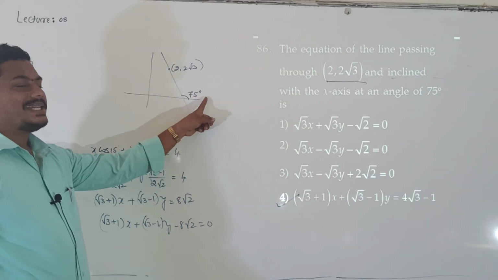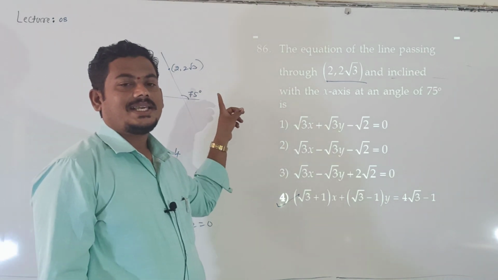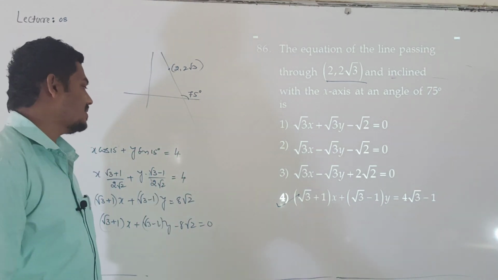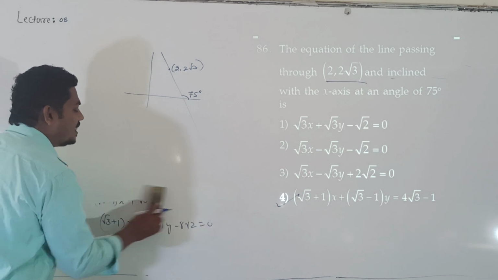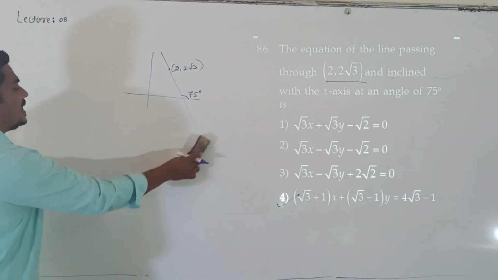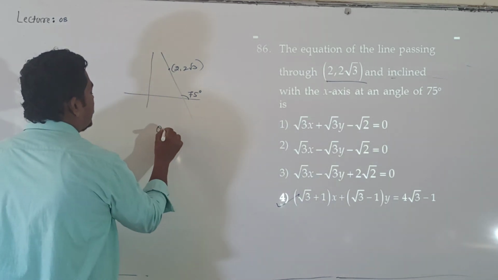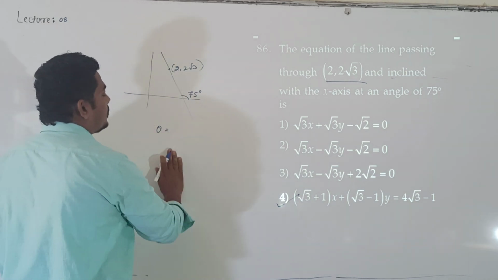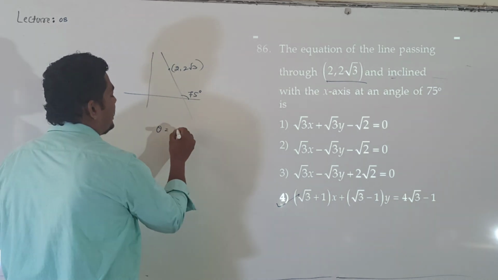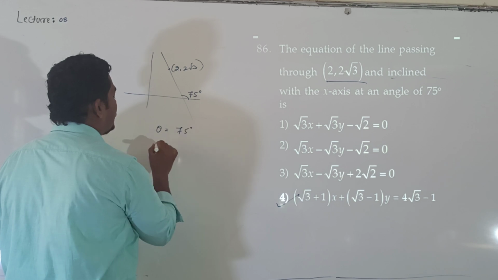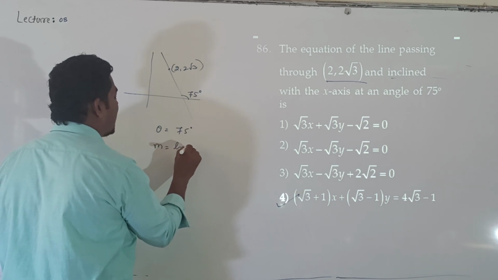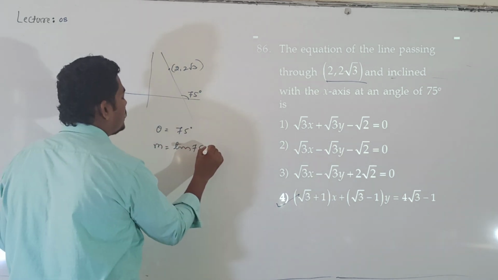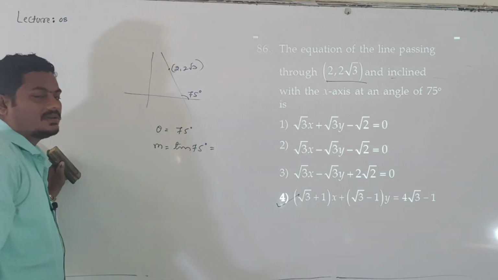Just by using this inclination, inclined means inclination, the angle made by the line with x-axis they have given, theta value, theta is equal to 75 degree. Then what is the slope? m is equal to tan 75. Already you know the tan 75 value.